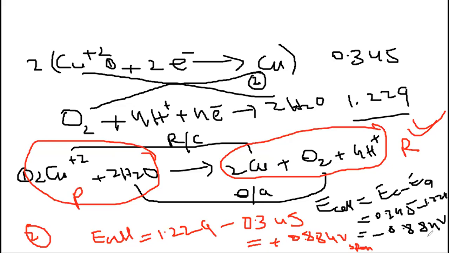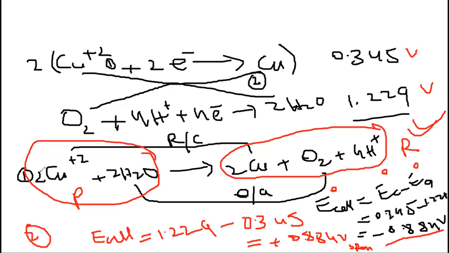This is the standard cell potential, because we are just putting in the values of the standard cell potential. These are the E naught, maybe you can correct it in your notebook. So these values are the standard cell potential, because these are at the standard cell conditions. So one factor we have discussed today: you need a standard cell potential to convert this spontaneous reaction to the non-spontaneous reaction.